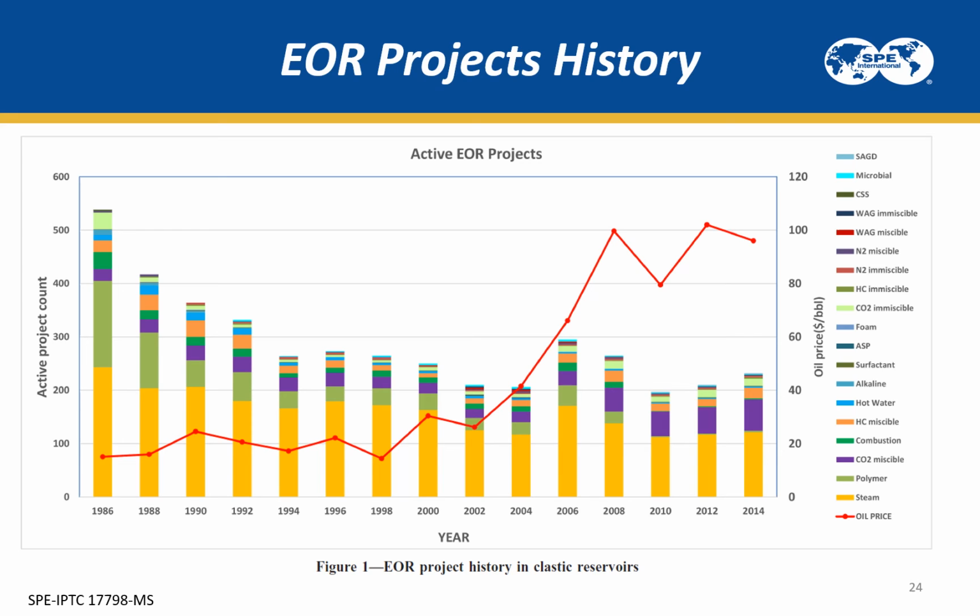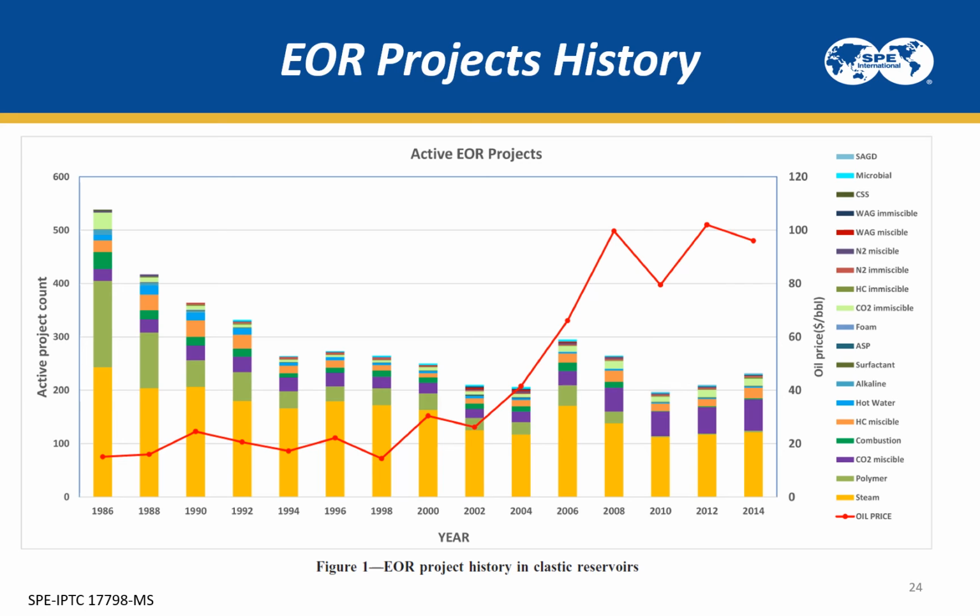This plot has a detailed breakdown for each type and each method of EOR connected with oil price. So we can notice that since 1986 there are almost more than 500 active EOR projects, and most of these projects are steam injection projects, hydrocarbon immiscible projects, and polymer.